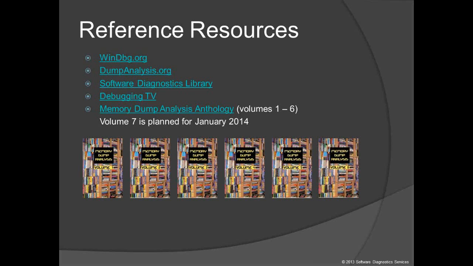Here are some useful resources. WinDbg.org also contains links to various WinDbg related books written by me and other authors. Debugging TV is a very useful site, with lots of information about troubleshooting, symbols, live debugging, and I hope to finish volume 7 in January, so it has been delayed for quite some time.